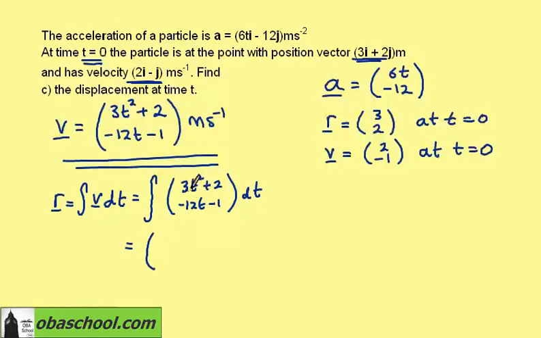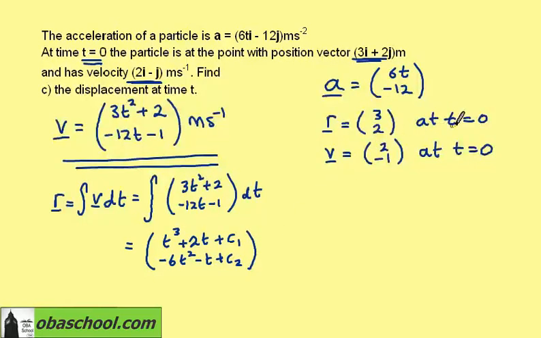If we integrate 3t squared, we get t cubed. Integrating 2 gives plus 2t, and we need a constant. Here we have minus 12t squared over 2, which is minus 6t squared. Take away t, and we have a second constant.